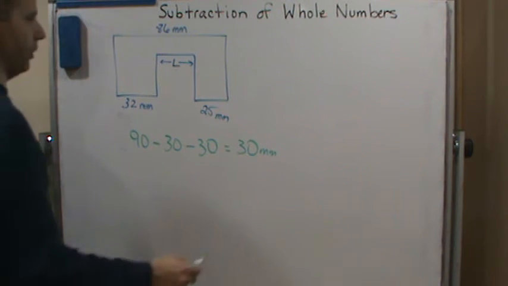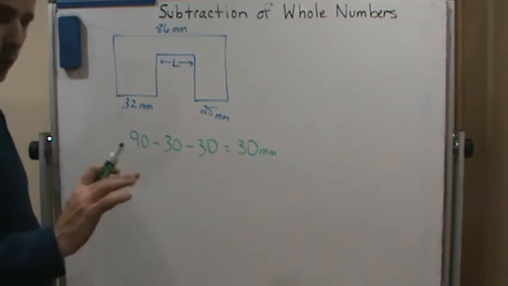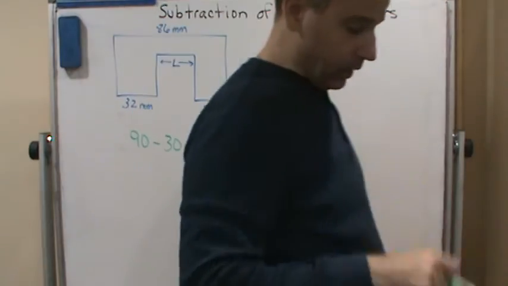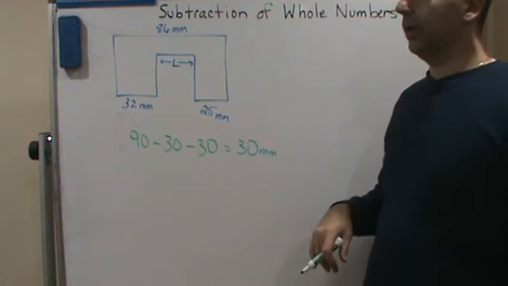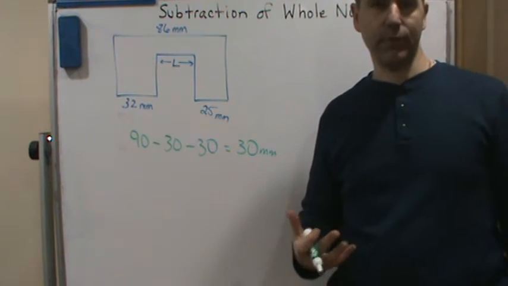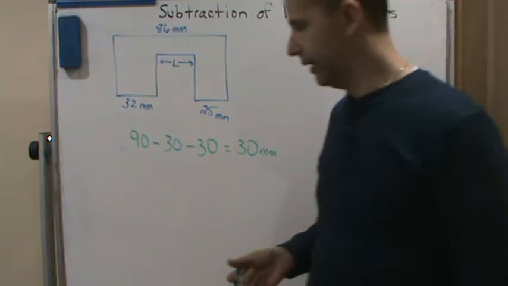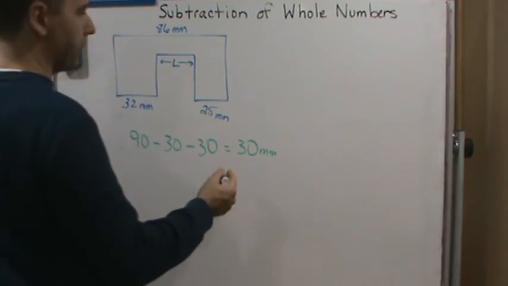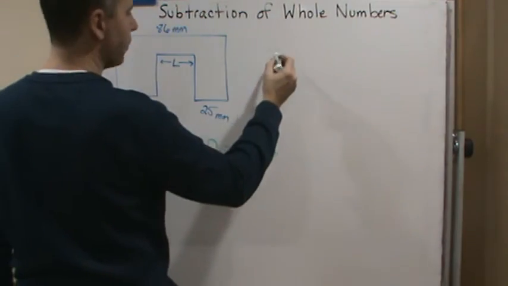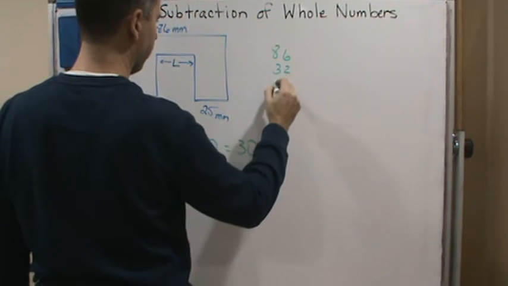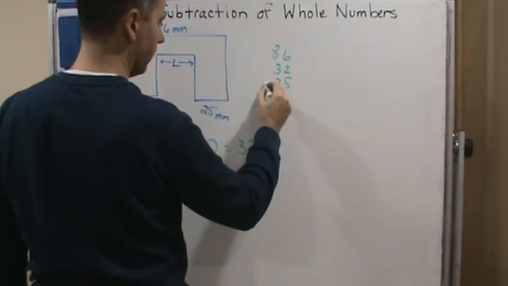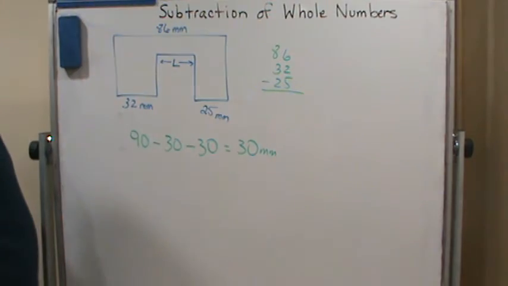So let's do it. Now here's the thing. When you subtract, it's a binary operation, so you have to subtract two at a time. You can't set up, for example, you can't do this. That doesn't work.